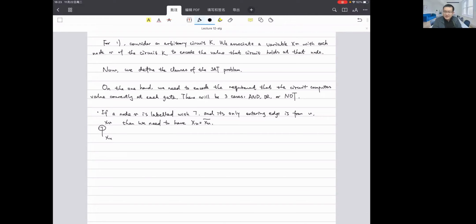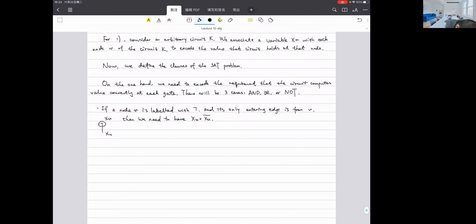On the other hand, we can guarantee this by cleverly choosing the clauses that we use. We add two clauses for this case.